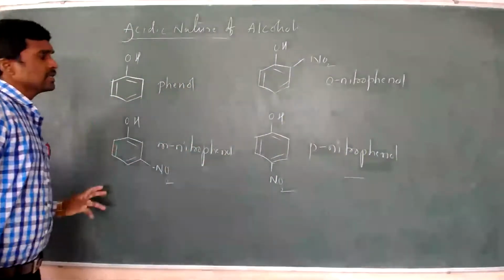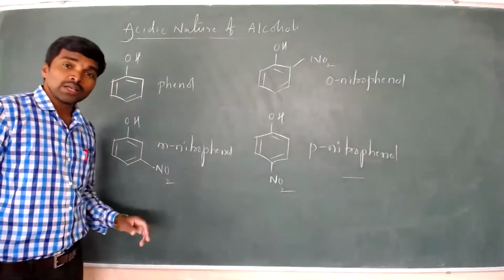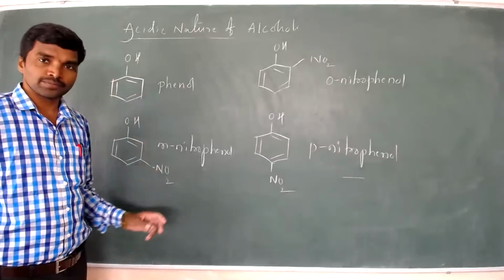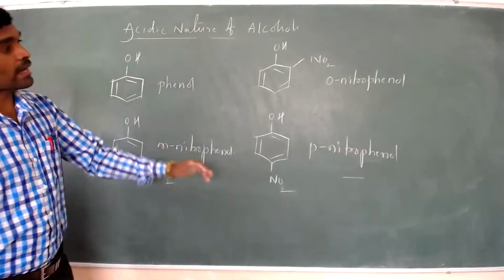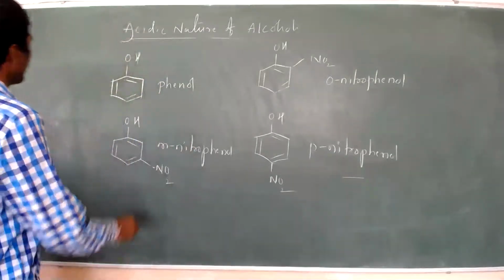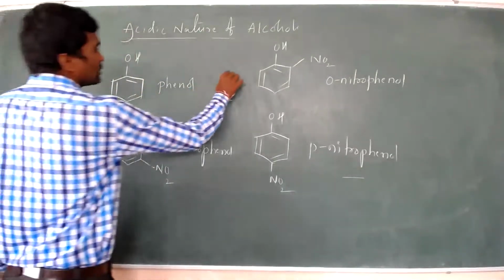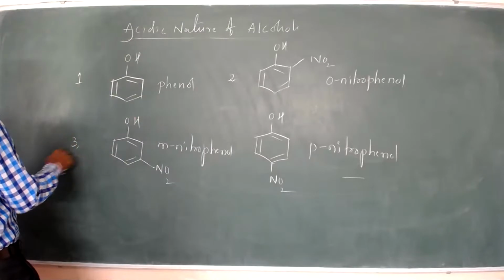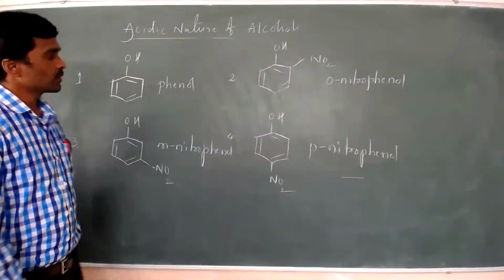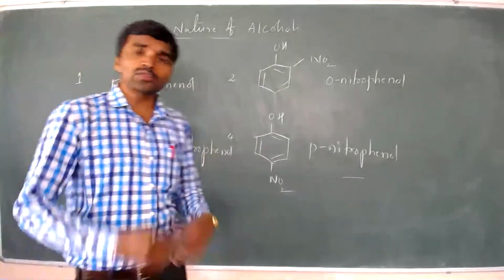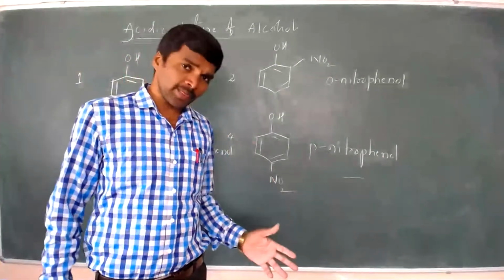If you compare the acidic nature of these four compounds, which of the following is more acidic? For example, four options are given: option number 1, 2, 3, 4. Among these four compounds, which is more acidic?